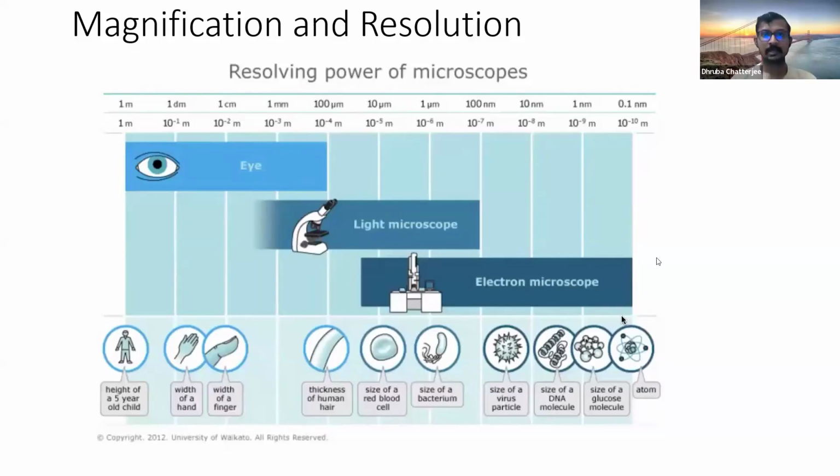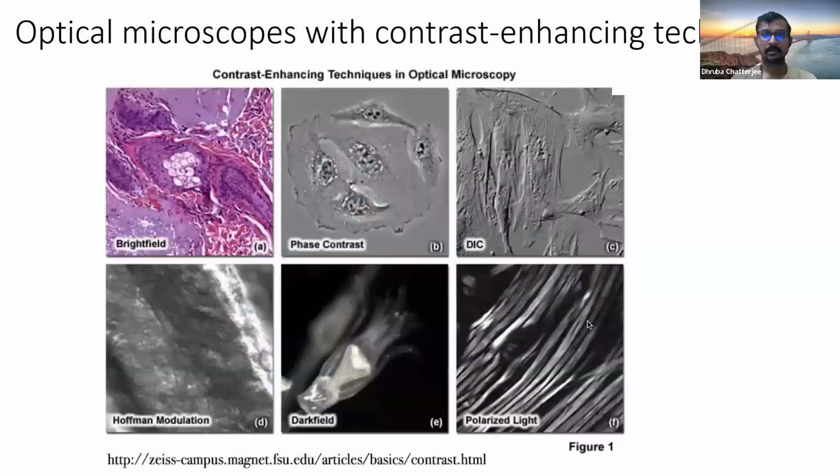Now in optical light microscopy, there are some other additions, some other optics that have been invoked, in addition to the compound light microscope that we saw, where we had one condenser lens, then the sample, then the objective lenses, and then the ocular lenses.